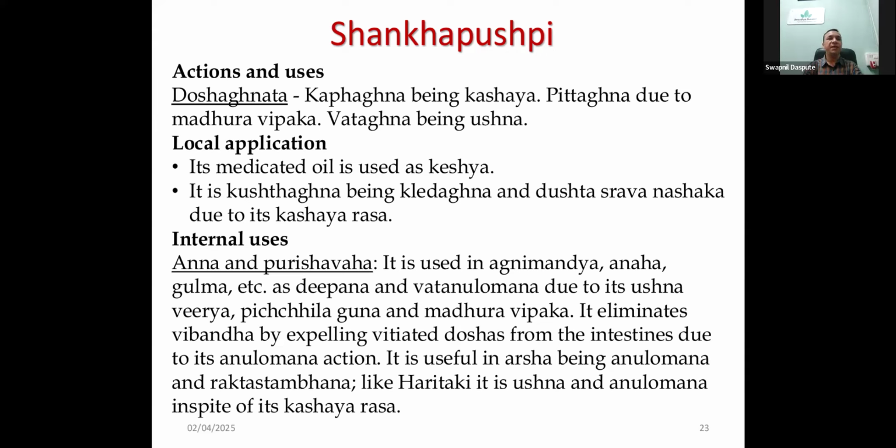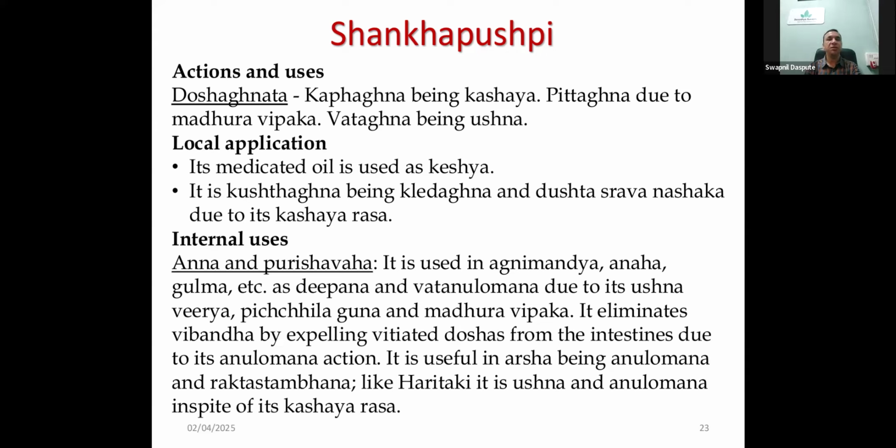Local application: its medicated oil is used as Keshya. It is Kushthaghna because of its Kledaghna action, and also Dushta Srava Nashaka. It reduces Dushta Srava, the sticky secretions which come out of the Kushtha or the affected part.